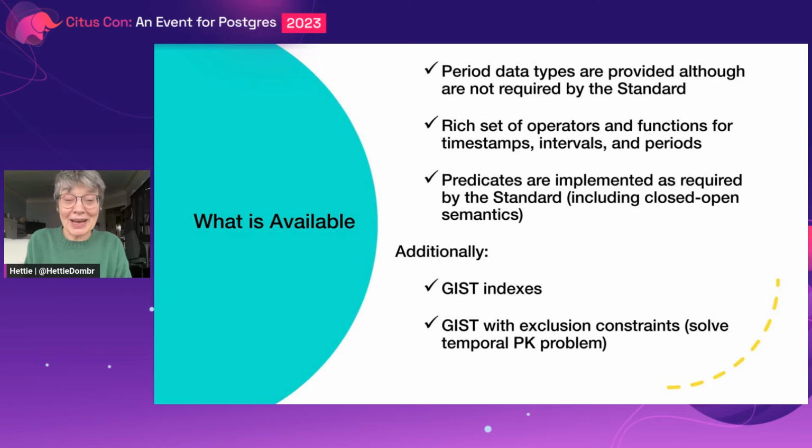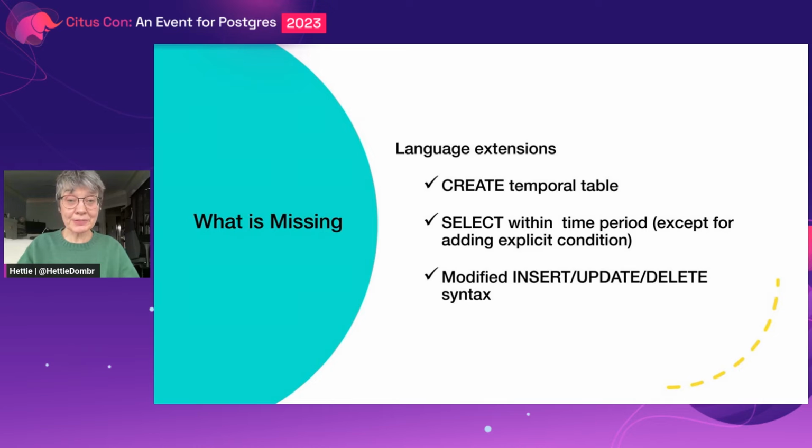In addition, Postgres has GiST indexes, which are special indexes. Using GiST indexes, you can define GiST with an exclusion constraint, which does exactly what the standard asks us to do when we define a primary key for temporal tables. So you have everything. You have everything except we do not have it, okay?